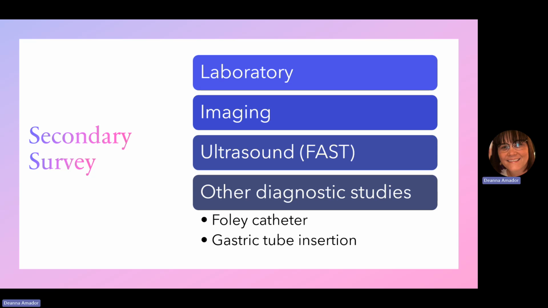And if we have a FAST examination that's positive, that typically means there's blood present, and the patient with a positive FAST would be requiring emergency surgery.